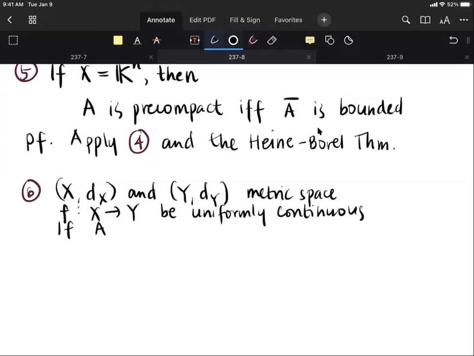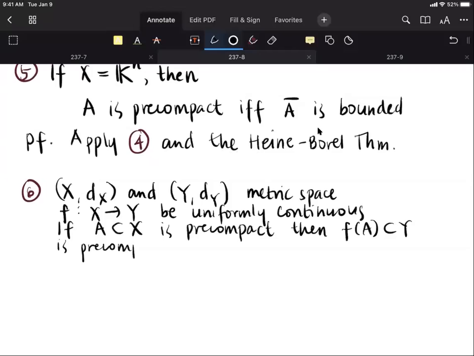If A is a subset of X and this is pre-compact, then the image, which is a subset of Y, is pre-compact in Y. So pre-compactness is invariant under uniformly continuous functions.